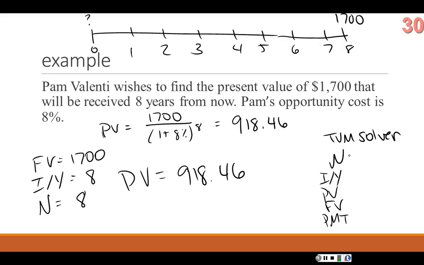And all you have to do, N would be 8, the interest rate would be 8, again a whole number. We are wanting to find the present value, so we just skip that one. Scroll down to future value and type in 1,700 and make sure that 0 is in for payment. Scroll back up to your present value and you push alpha and enter. And it will solve for the present value for you. And you should get $918.46.